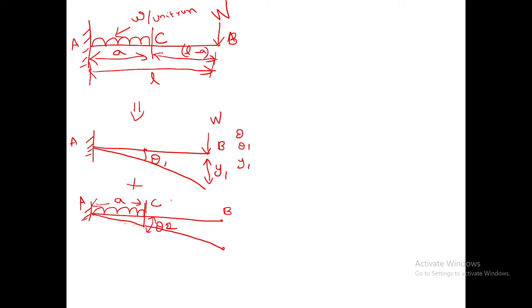There is no load between B and C, so the slope is only theta 2.